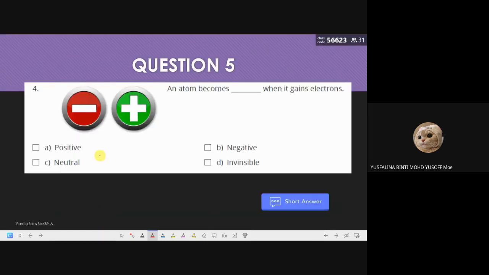All right, so let's try this one. An atom becomes what when it gains electron? Just now, like I gave you the example of oxygen, it receives one electron.